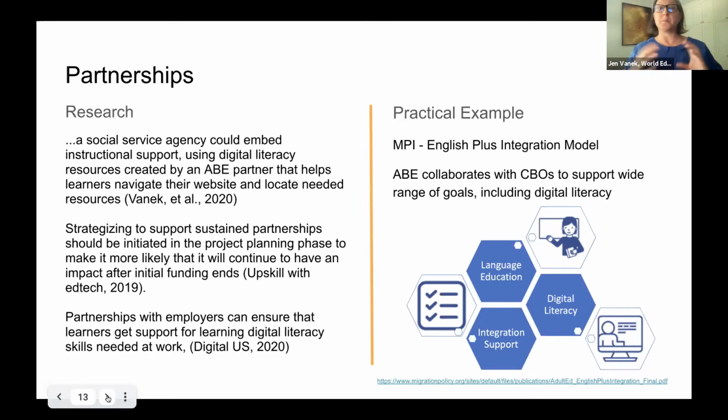So through joint planning, the learners are getting everything they need through visiting this one organization and through this tight partnership across the different providers. So I hope you'll check out the paper to read a little bit more about that. You can also go to the Migration Policy Institute website, which I've linked to here, to read one of the initial reports that MPI published on this really innovative and useful model.